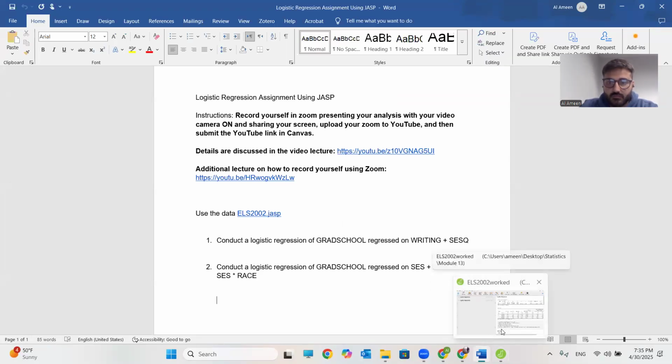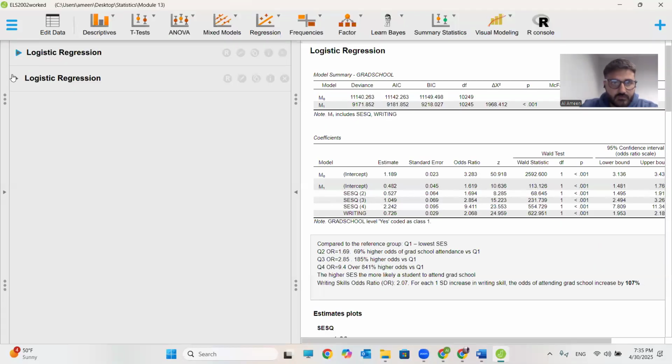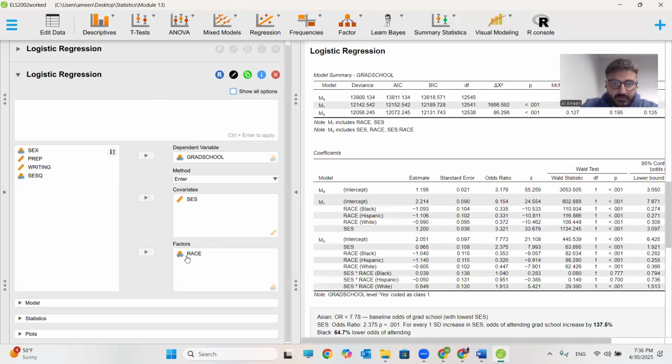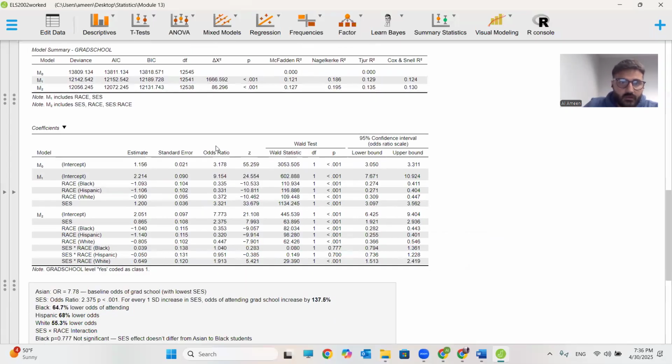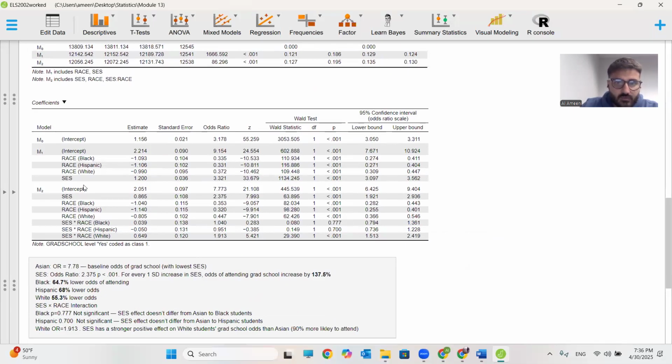And race is going to be my factor this time. So if I go to logistic regression, my factor is race, my dependent variable is always going to be grad school, and my covariate is the SES. This is what we are trying to look at: the interaction between race and SES.